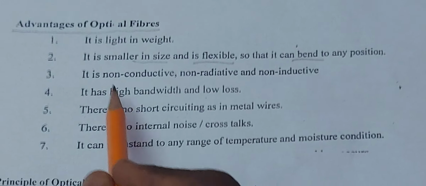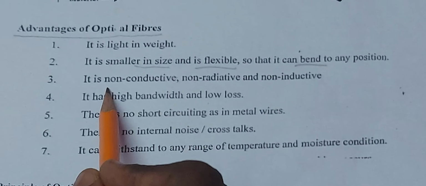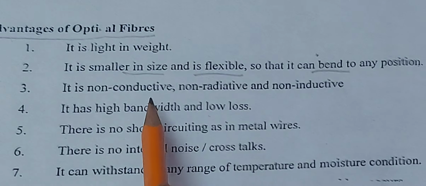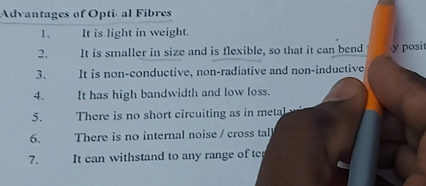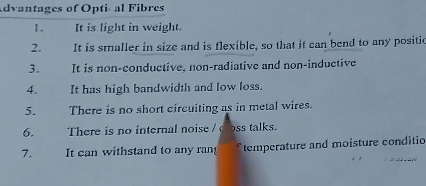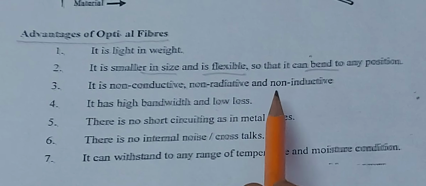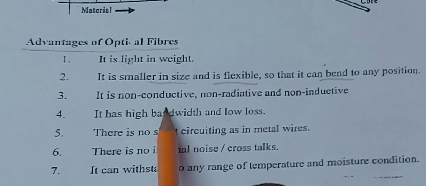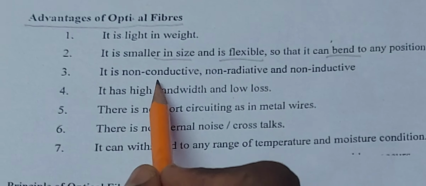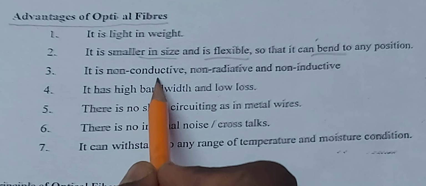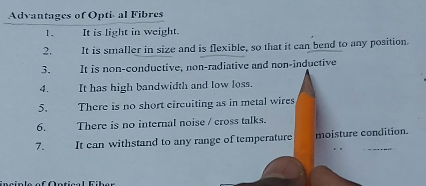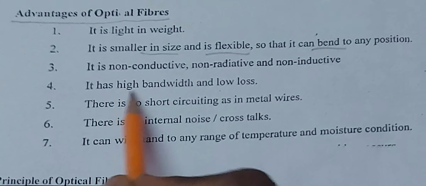It is non-conductive, non-radiative and non-inductive, because only light passes through the core. No electrical supply is used, so it cannot be conductive, radiative or inductive. It also has high bandwidth.